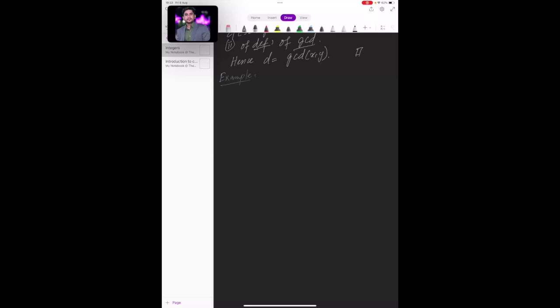So we have X is 45, Y is 126, then GCD of X, Y is 9, and 9 can be written as 3 into 45 plus minus 1 into 126.